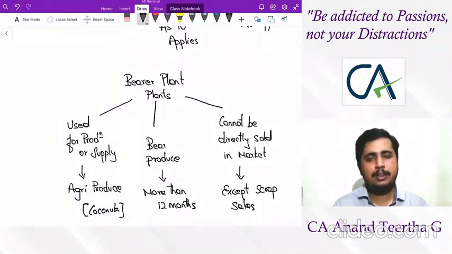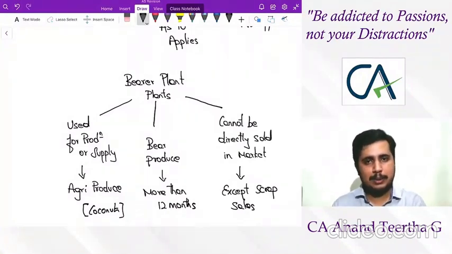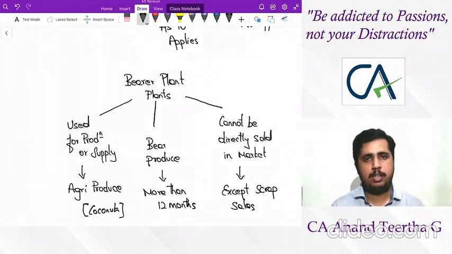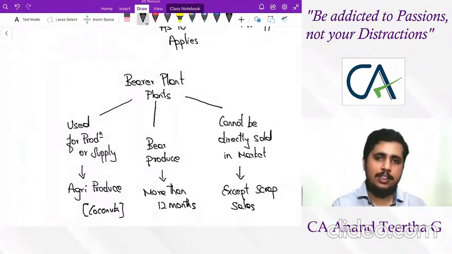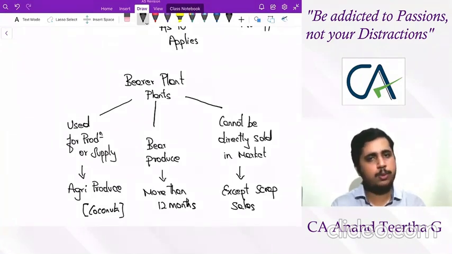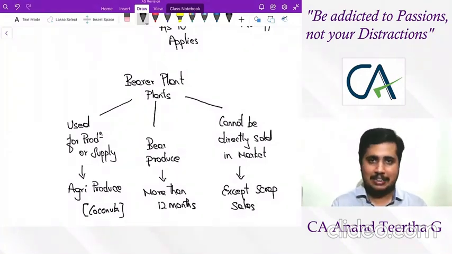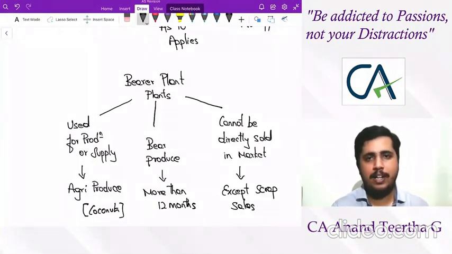So if there is a particular business where the intention itself is to grow a tree for firewood purposes, at that time those trees are never going to be bearer plants, because the intention itself is to cut the trees and sell them. So those things are not covered. Other things like incidental ones are totally fine, and it should mainly be utilized for produce and not directly sold in the market. So that's how you have to consider the bearer plant definition.